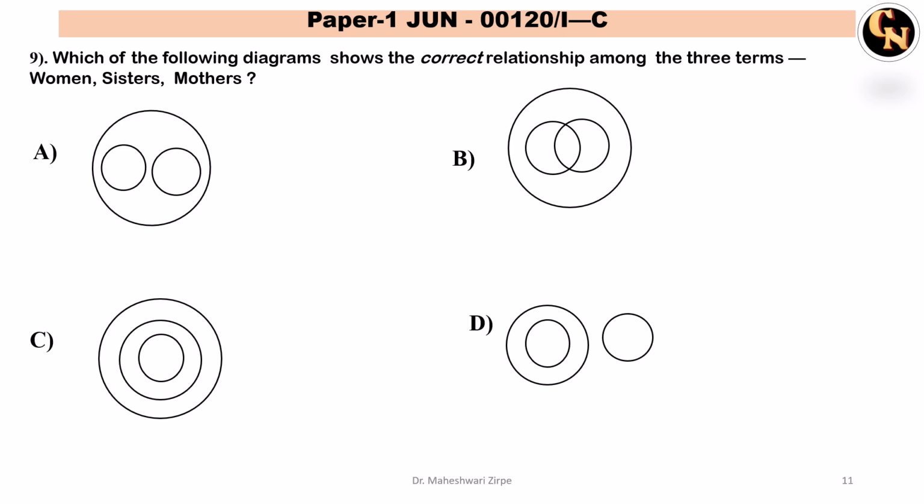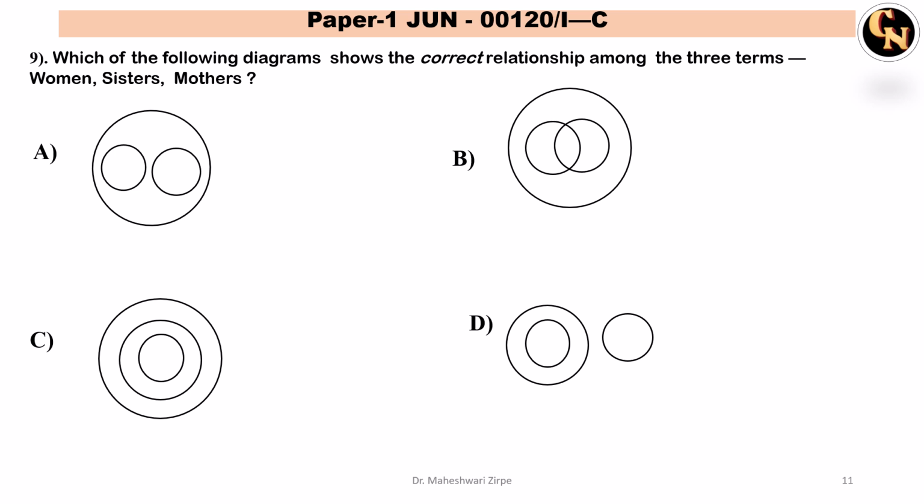Now the next one is, which of the following diagrams shows the correct relationship among the three terms: woman, sister and mother? This question many a time they ask, correct? So here there are three relations they have given us. One is woman. If you see the Venn diagrams, all are females, correct? All these three are females.